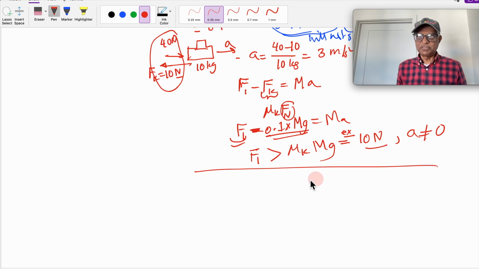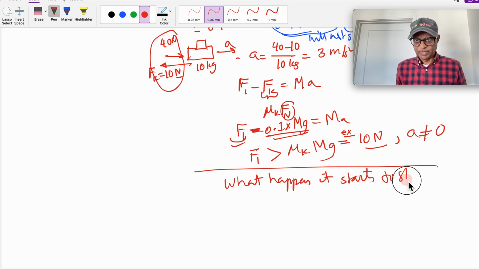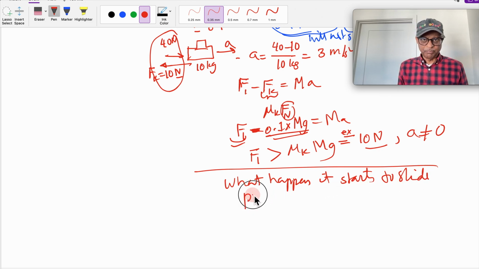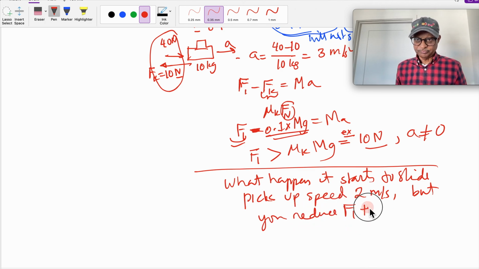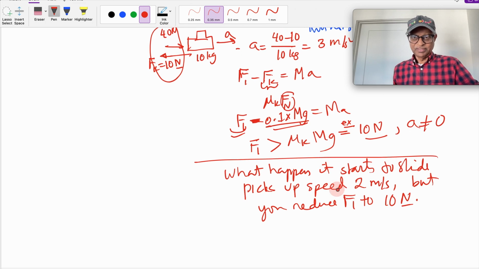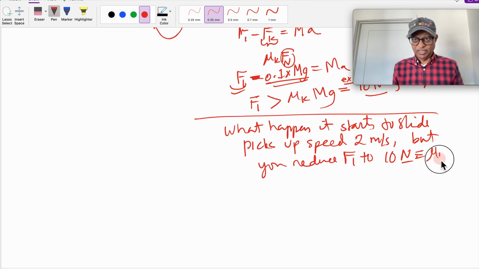Now, what happens if it starts to slide, picks up speed, 2 meter per second, but you reduce the applied force to 10 Newton in this example, which is mu k Fn.